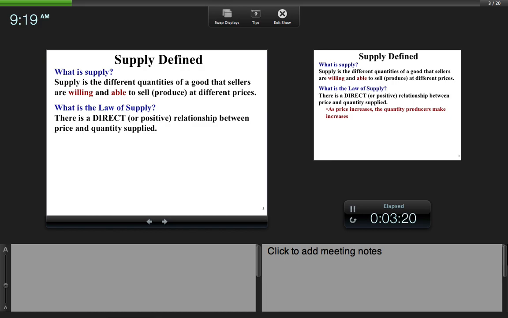Person on the right, explain that positive or direct relationship between price and quantity to the person on the left. Go.